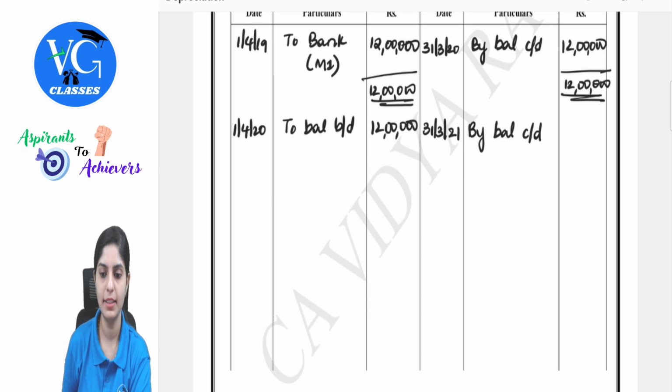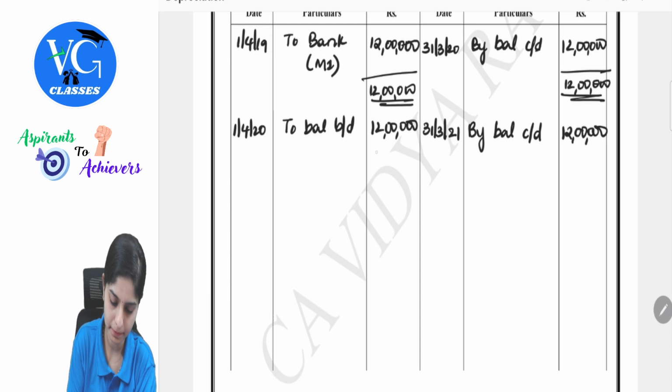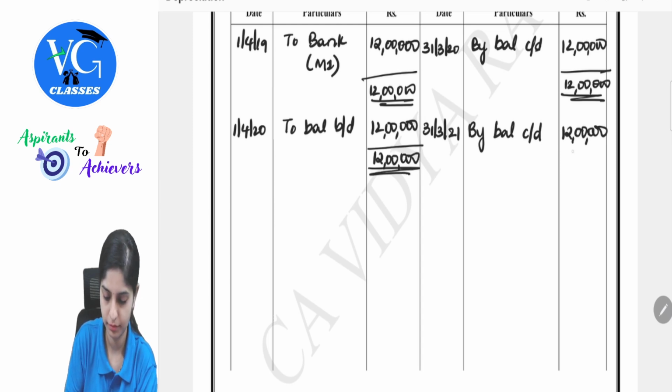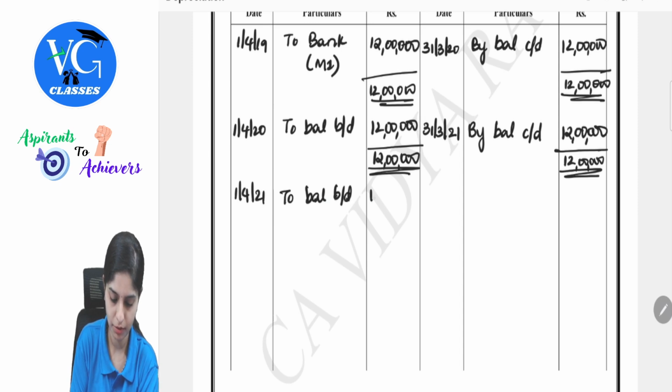So 12 lakh itself will be taken further. First April 21 to balance brought down 12 lakh.